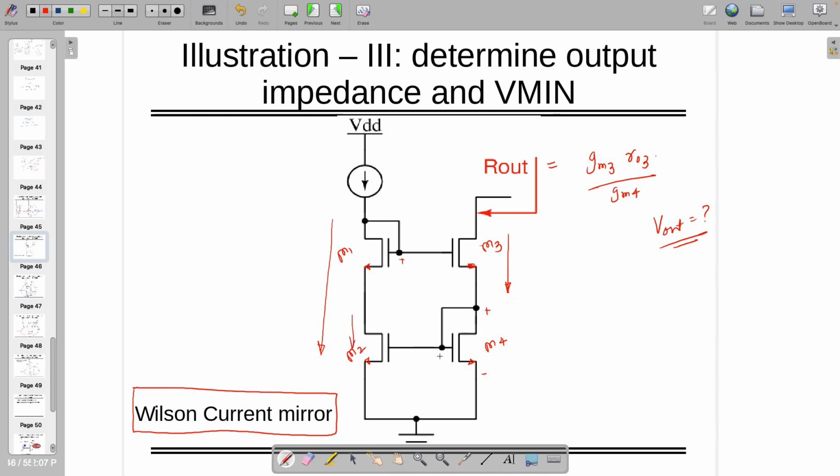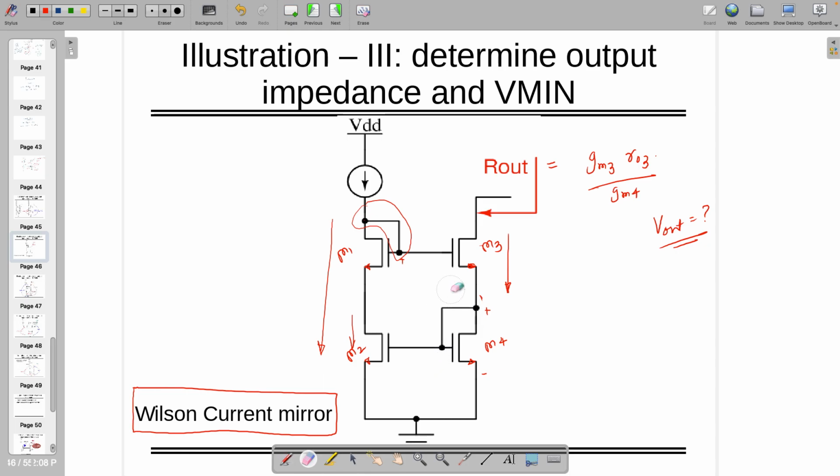After a few loops of feedback, you are going to have nearly the same current. So it is a more stable and better current mirror topology. However, the output impedance is not as high as you had in a normal cascode. So that's the main difference. You can see the two current feedbacks here.